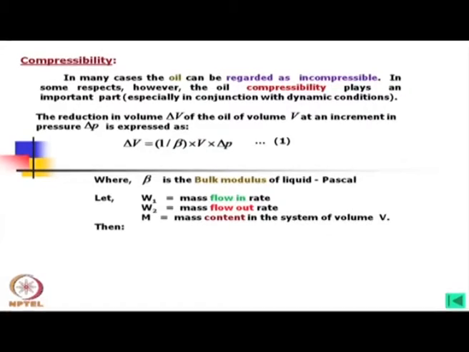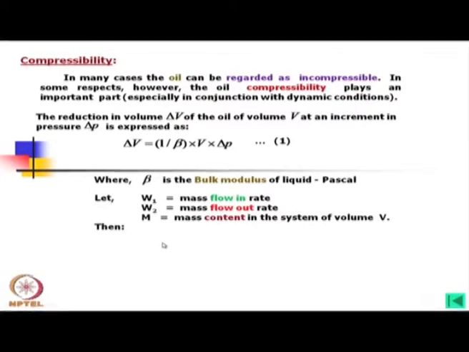Now, we should consider a control volume. In that control volume, let W1 be the mass flow in rate and W2 the mass flow out rate.